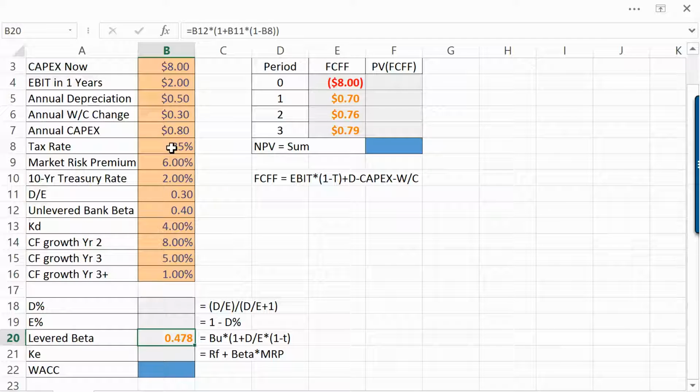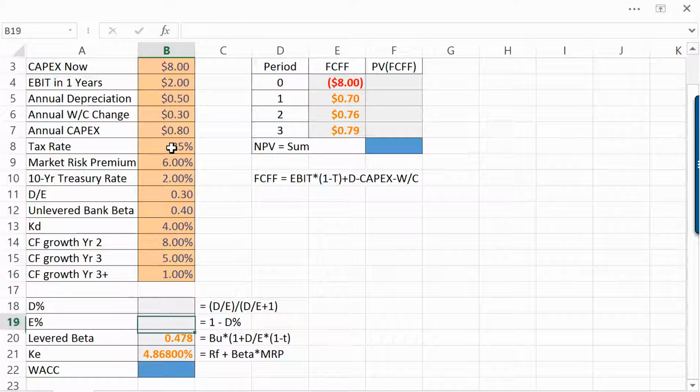So that business banking with this particular D/E ratio and tax rate would have a 0.478 beta. I can then calculate the CAPM discount rate for equity, risk-free rate plus beta times market risk premium. So there's my cost of equity.